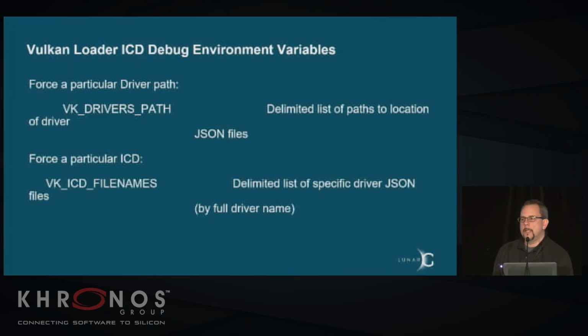If you really want to force your application to use one ICD, so if, like my laptop has an NVIDIA discrete card and an Intel integrated, one of the options is you can force the VK driver's path to say only use this one folder that ICDs are located in. Or if you want to force the specific ICD JSON file name, you can indicate that with the second.